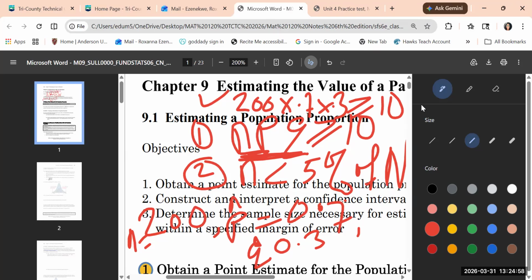Whenever I'm told to do 95% confidence interval, I'm told to find the central 95% of the data. You want to check and see if they are within plus or minus 2 standard deviations. So the central 95% has to be within plus or minus 2 standard deviations.